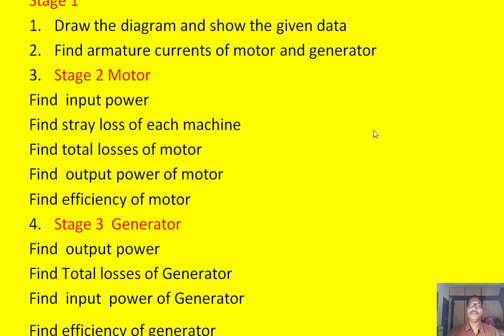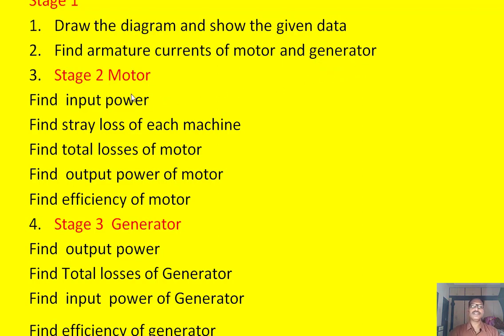And let me summarize what we have done to solve this problem. We have followed 3 stages. The first stage is drawing the diagram and using the data given there, and from this circuit we find the armature current of both the motor and generator.